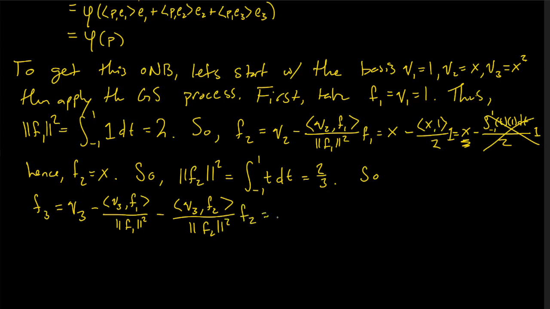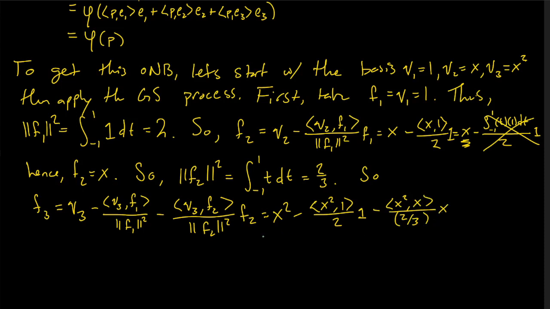Let's write out what it is. It's x squared minus, let's see really quick, the inner product of x squared with 1 over 2 times the constant function 1, minus the inner product of x squared with, let's be careful here, x over 2/3 times x.